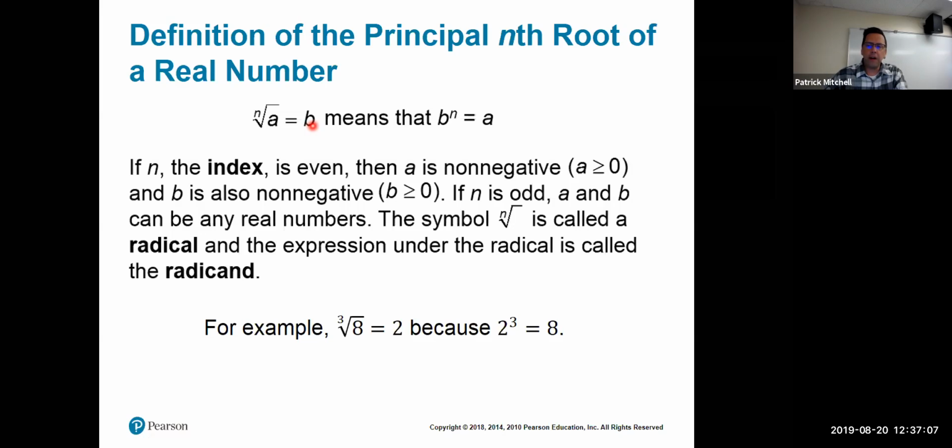And then the number that comes out is also non-negative, and again, that's just like square roots. However, if the index is odd, then a and b could be negative. That's okay. This symbol is called a radical, and the expression under the radical is called the radicand.